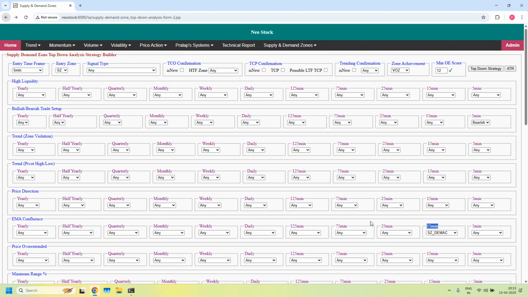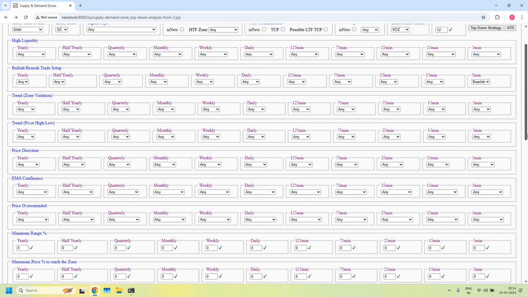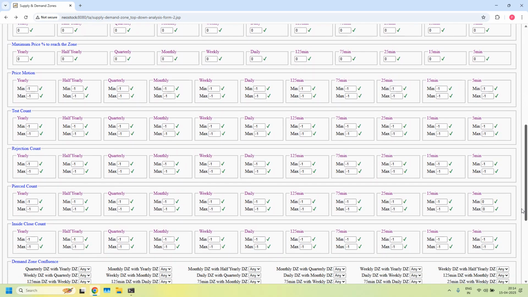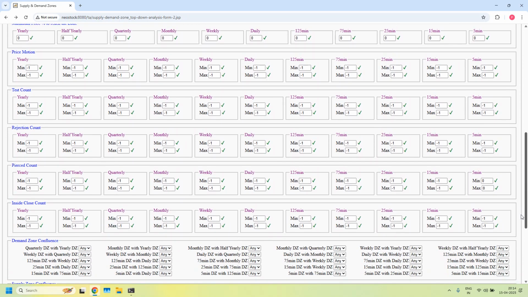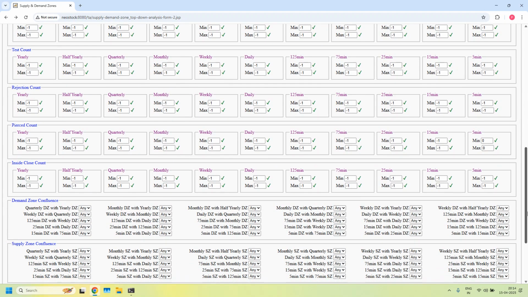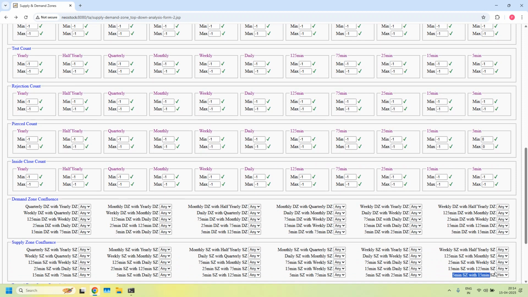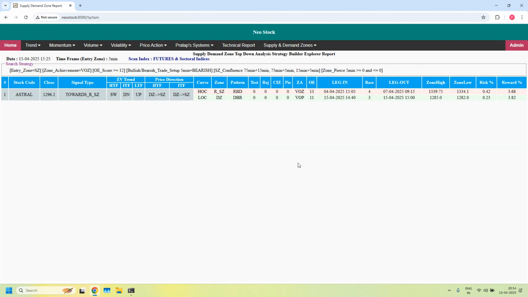So it does not. Removing the EMA filter, I am checking whether that 5 minute supply zone has HTF confluence. Already 5 minutes with 15 minutes supply zone confluence is enabled. Next, 5 minutes with 75 minute supply zone confluence, and 15 minutes with 75 minute supply zone confluence. With all three filters, it has HTF confluence.